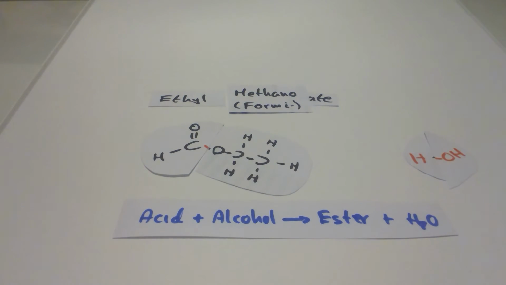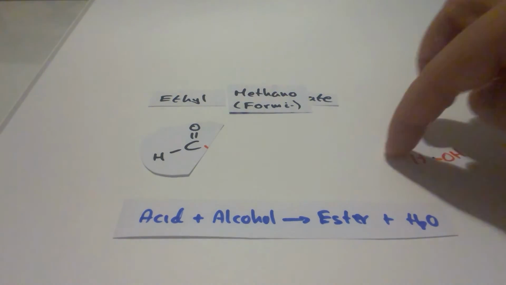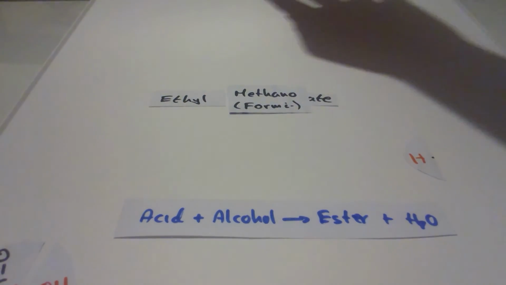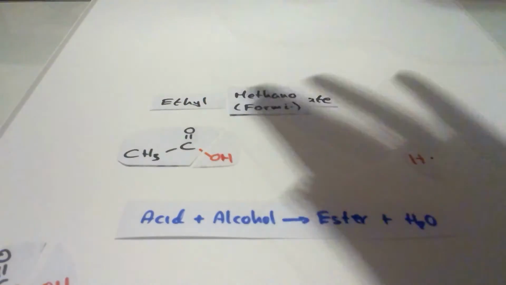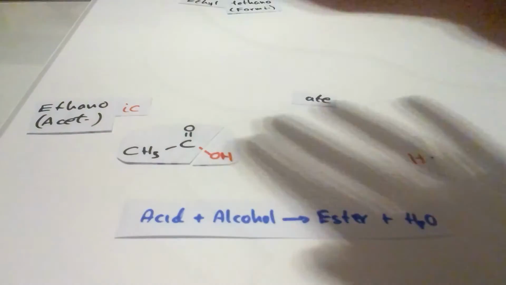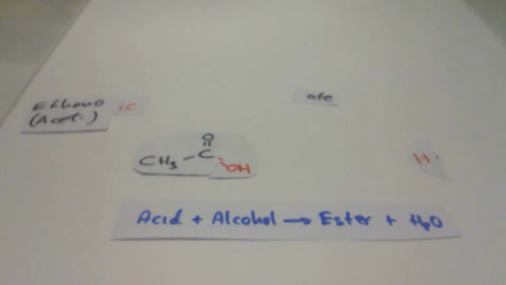And what happens if the acid we begin with has not one but two carbons? Okay, so what we're going to do is to have the acid that has two atoms of carbon.